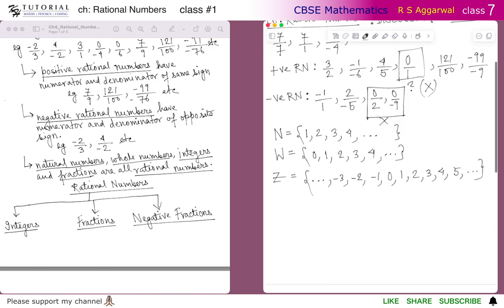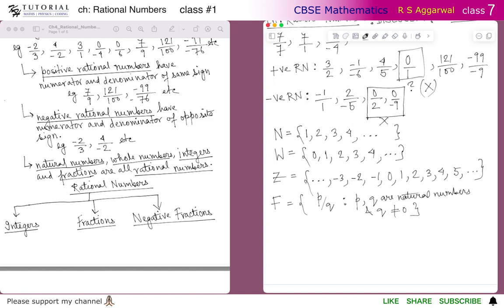Okay, you also know fractions. I don't think there is any standard letter for the collection of fractions, but let's say F is the collection of fractions. So what is a fraction? It is a number p by q, where p and q are natural numbers and q is not equal to 0.